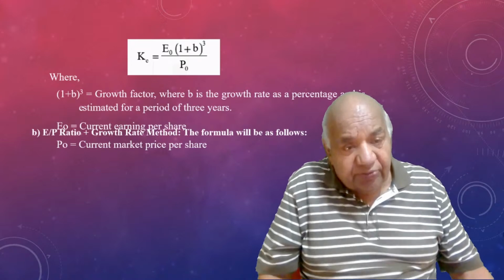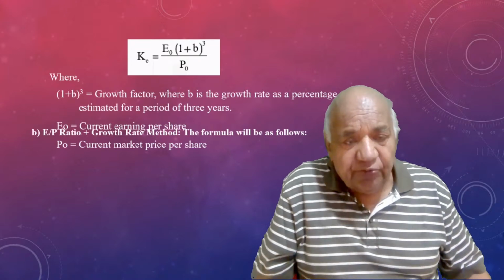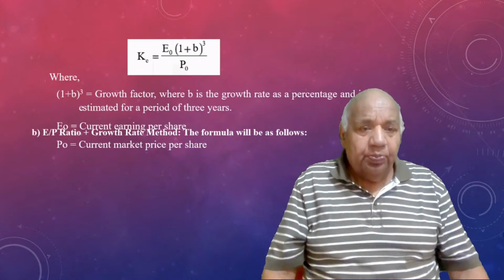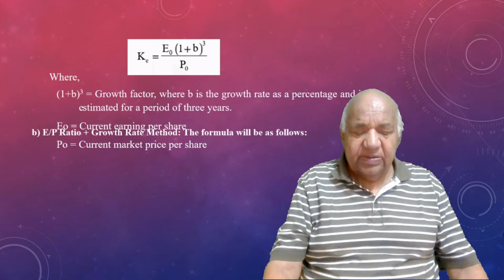If the period is 4 years, it will be 1 plus B raised to 4 and so on. Divided by P0, current market price per share.